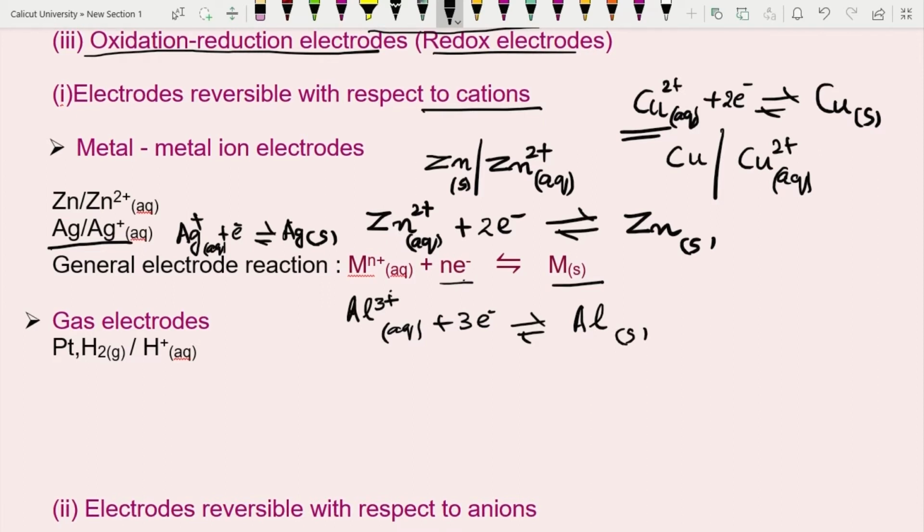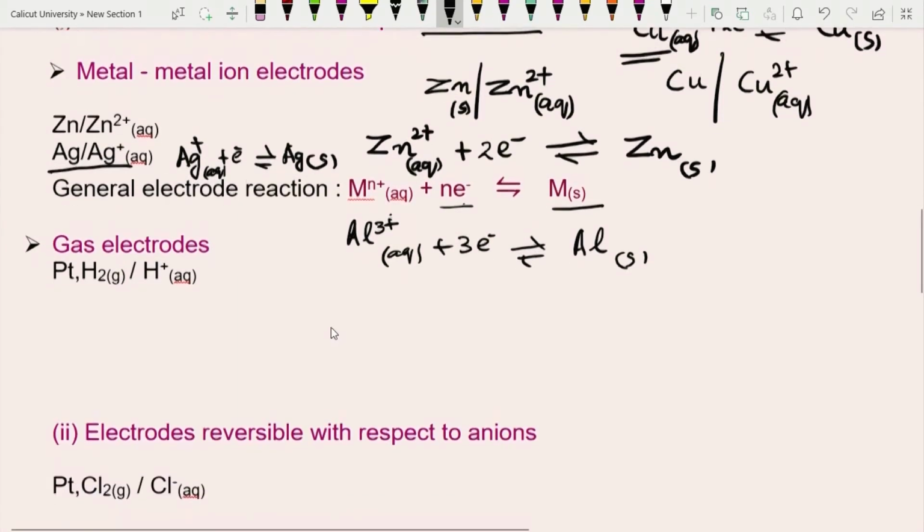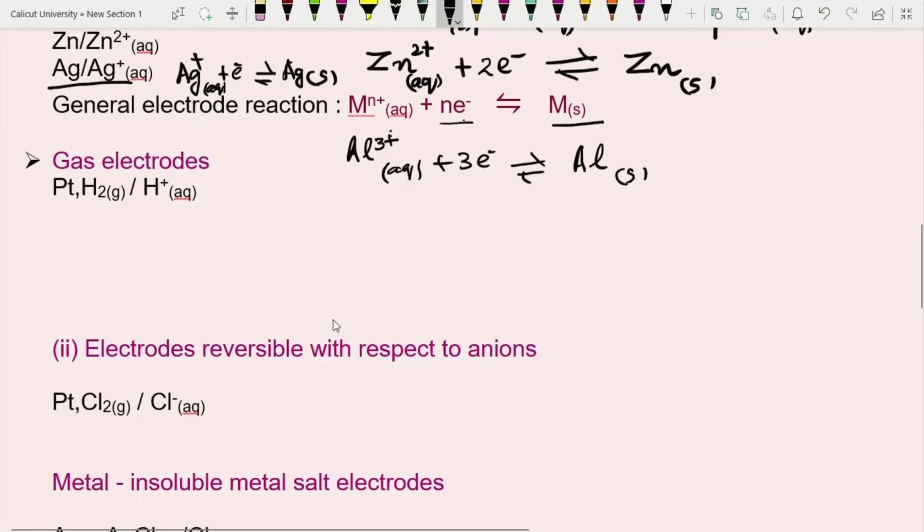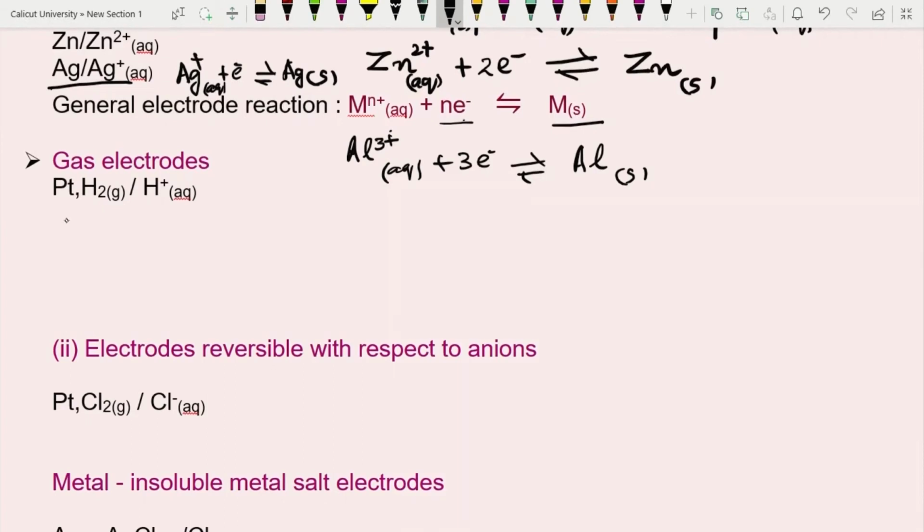Again you have another type which is reversible with respect to cations, and that is a gas electrode. Gas electrode means, first we have seen metal in contact with metal ions. Instead, here we have gas in contact with an electrolyte which contains the ions of the gas, and one of the easiest and the best examples is the hydrogen electrode.